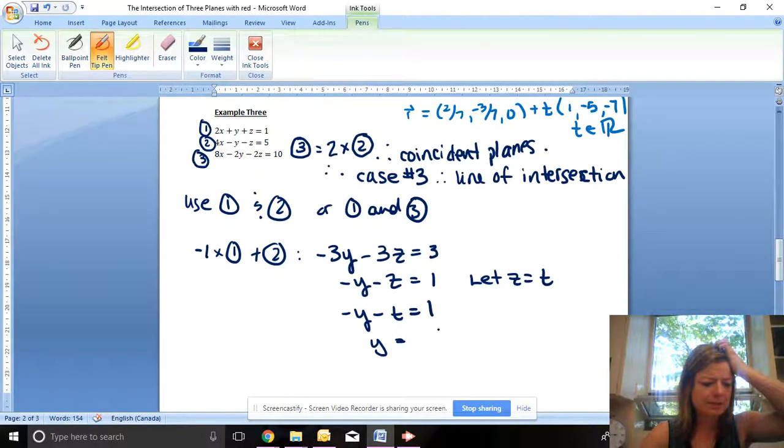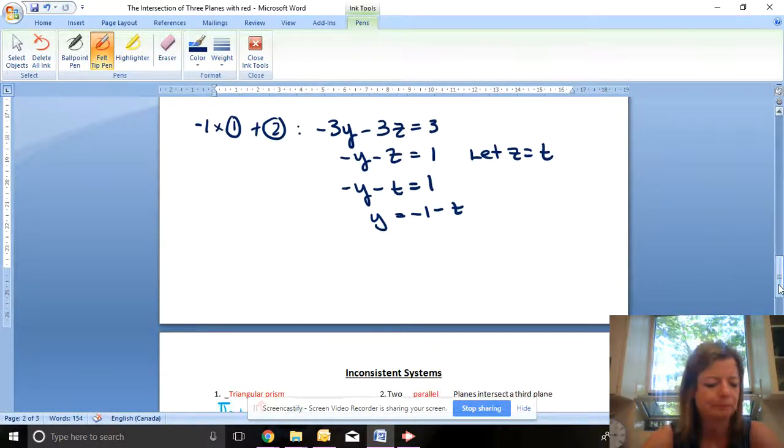Oh, I made a mistake there. Anyways, I made a mistake previously. y equals -1 minus t. Okay, so there you have your y value. And then you can sub that back into 1. So you get 2x minus 1 minus t plus t equals 1. I made a mistake in my notes, so I hope I can fix it properly.